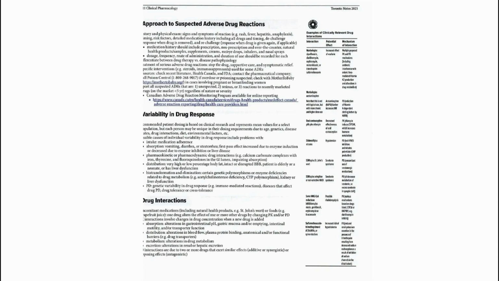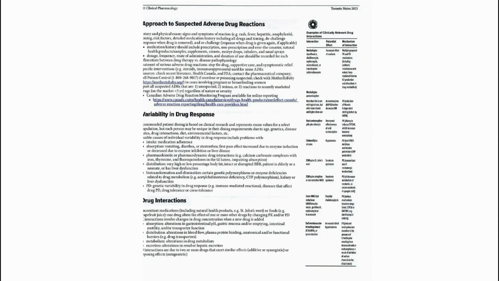Examples include CYP450 polymorphisms and acetylcholinesterase deficiencies. These genetic differences may produce either toxicity or reduced drug effectiveness. Number 6, pharmacodynamic variability.